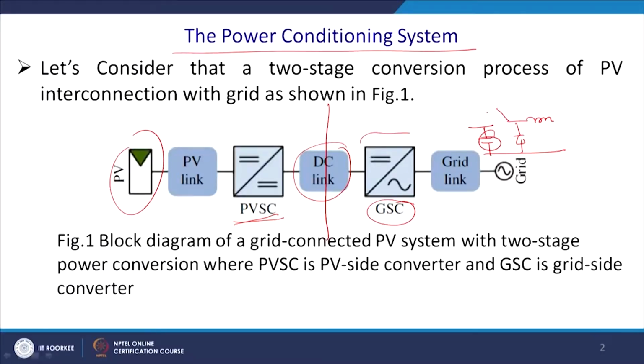So, this PV link will be a combination of capacitor and inductor, and that gives you a ripple free voltage at the input to the PVSC.